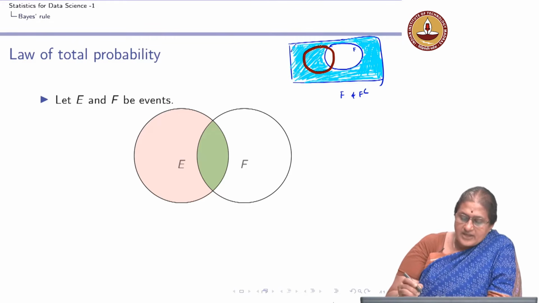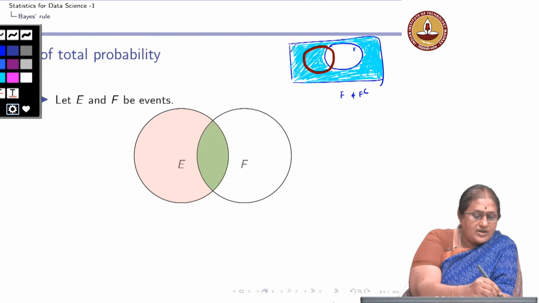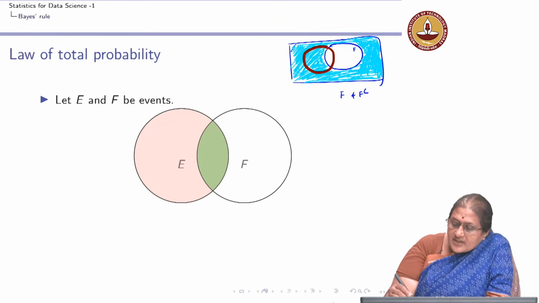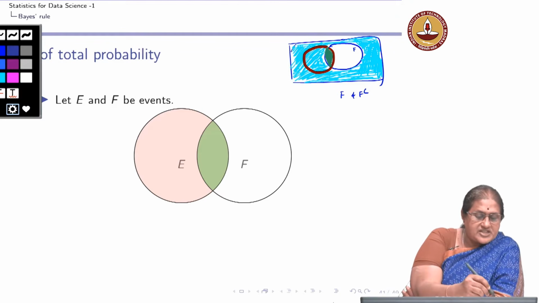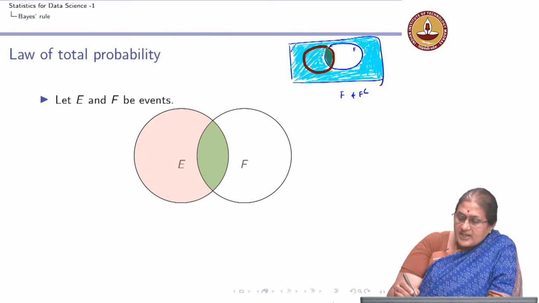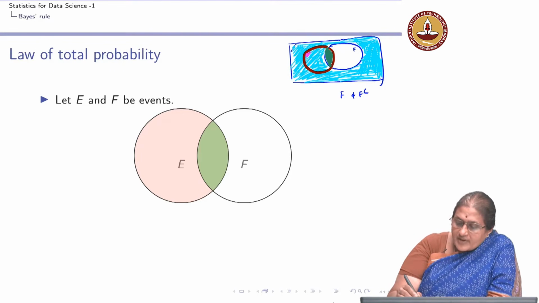Now, if you look at event E, it has an intersection with F, which is given by this green portion, and the intersection of E with F complement is this pink portion. That is what we are trying to say. So, I have mutually exclusive F and F complement.